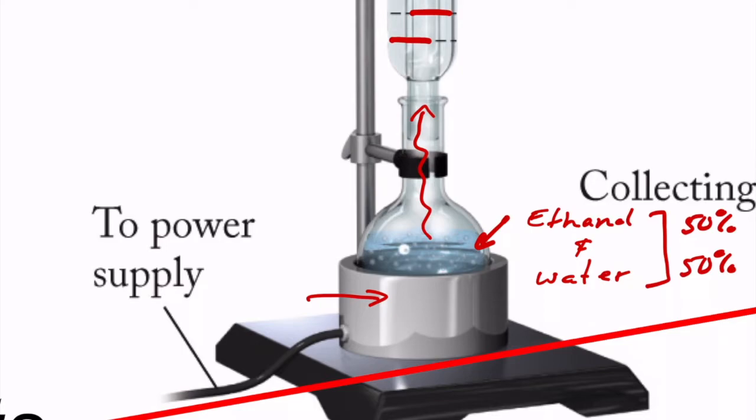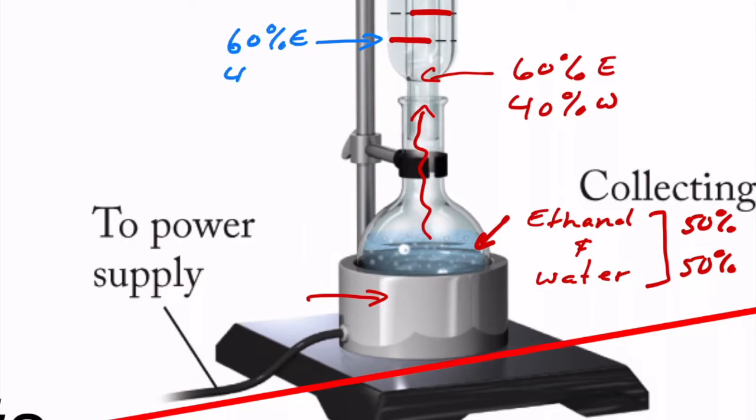So let's just say somewhere here in the vapor phase we have, for the sake of argument, a 60% ethanol and 40% water composition. Now, as the vapor travels up to this first plate, it is going to condense on that first plate. And the composition of the condensed vapor is going to be the same as the composition of the vapor. So this will again now be 60% ethanol and 40% water.